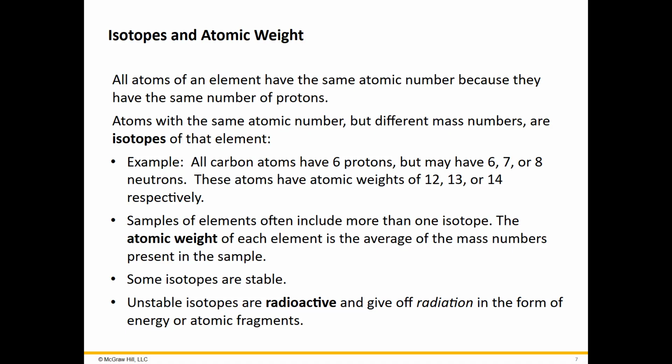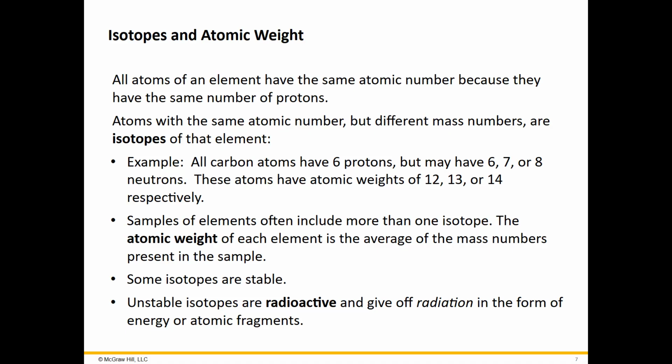So carbon, for example, has 6 protons. If it has 6 neutrons, then it's a non-isotope. If it now has 7 neutrons, its atomic mass has changed from 12, representing 6 protons and 6 neutrons, to 13. It now becomes an isotope.